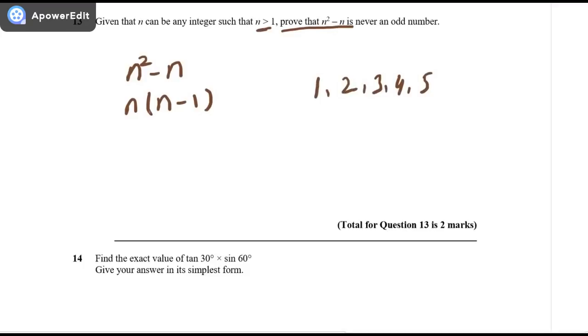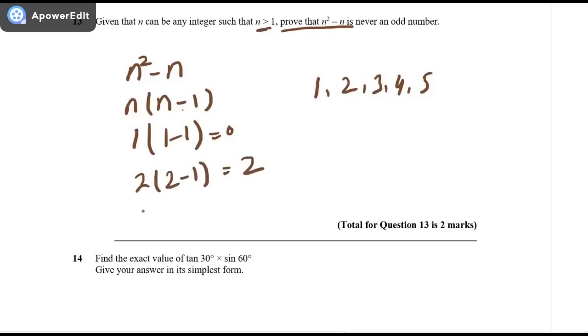Let's replace n by 1. So it's going to be 1 times 1 minus 1, so this is going to be 0. If you put 2 there, it's going to be 2 times 2 minus 1, so 2 minus 1 is 1, then this is going to be 2.